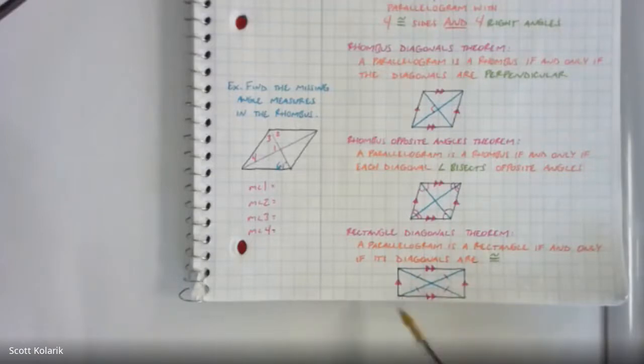And because they have to bisect one another, that 7.5 inches divided by 2, or sorry, 3.75 inches, would be each of those portions of each diagonal. But they would all be congruent to each other. That's unique to a rectangle, a parallelogram with four right angles. Okay, so those are the theorems, the properties of specific types of parallelograms.